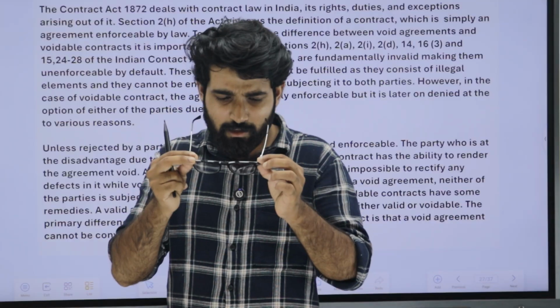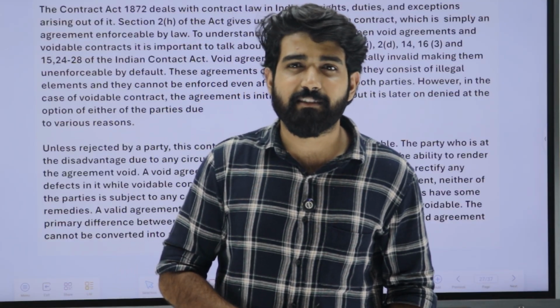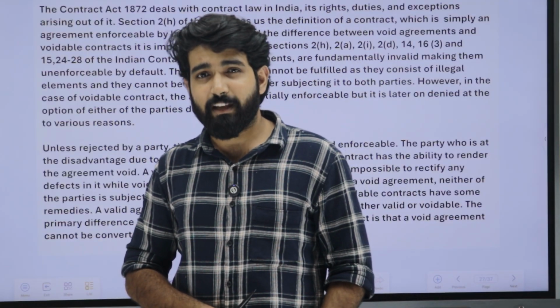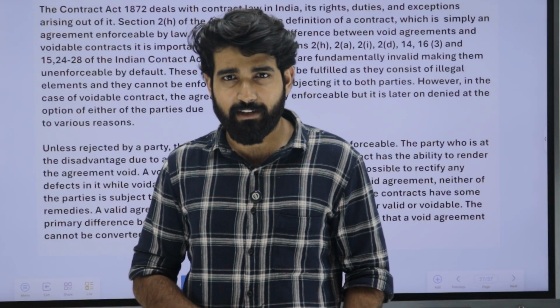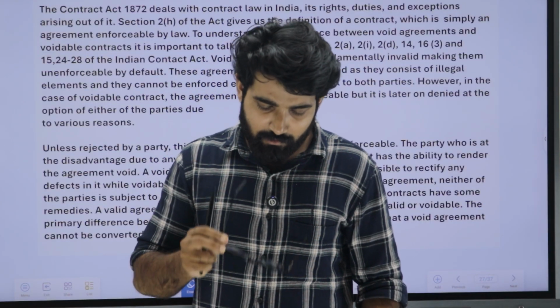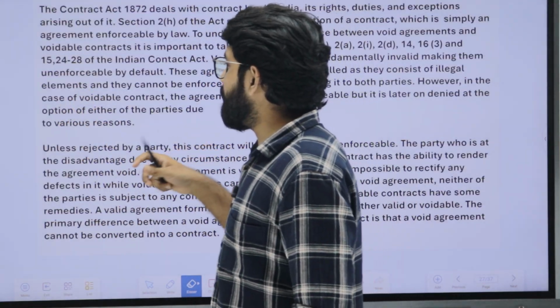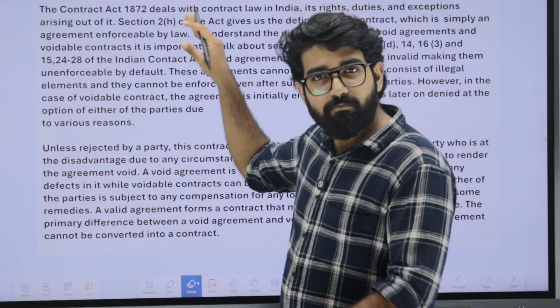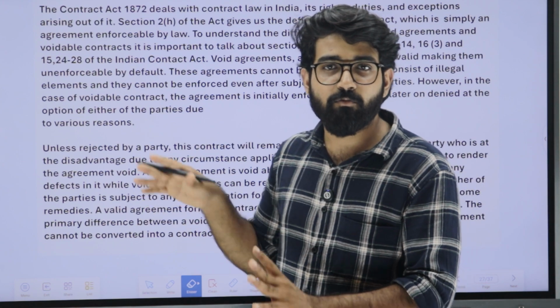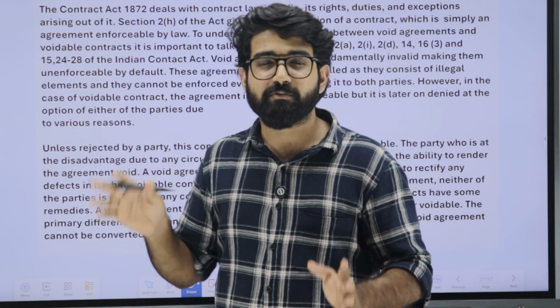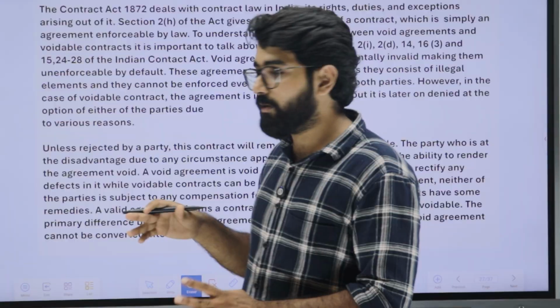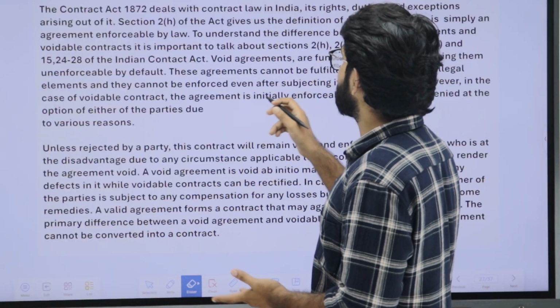This passage has some things that I have not expressly stated while taking my classes. So let's look into the central ideas in these two paragraphs. The main idea of the passage is that it deals with void and voidable contracts. It sums up the entire concept of voidability.